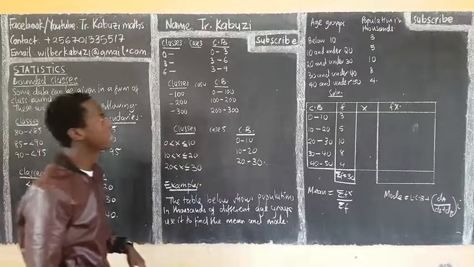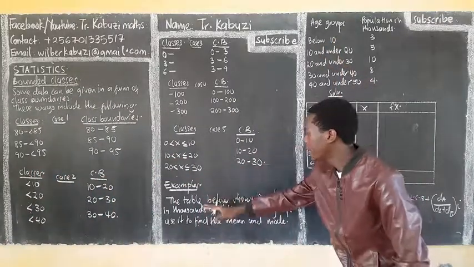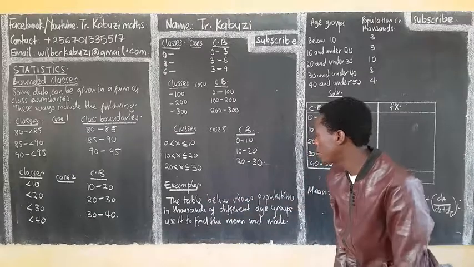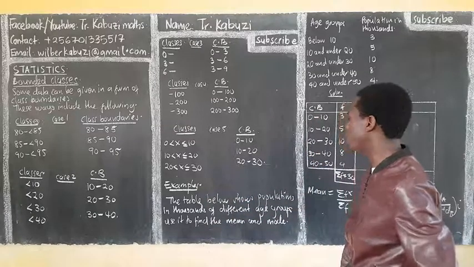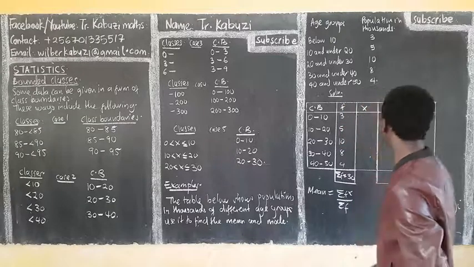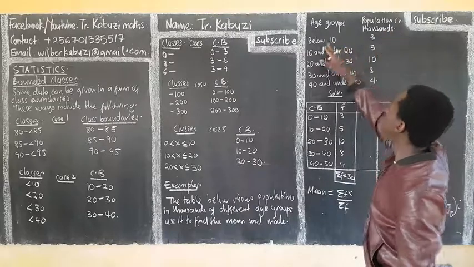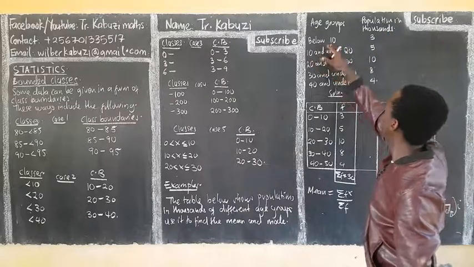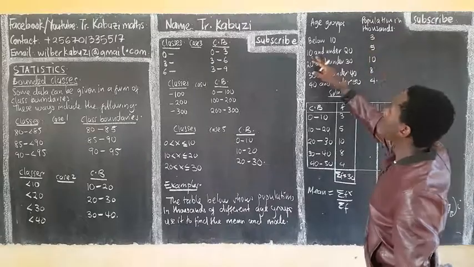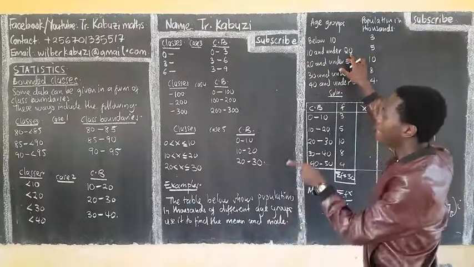Look at this one. They are telling you about age groups. Example: the table below shows population in thousands in different age groups. Use it to find the mean and mode. Now, they are giving us age groups, then the population in thousands. So below 10, we have 3. But above 10 and 20, that's why it's different.